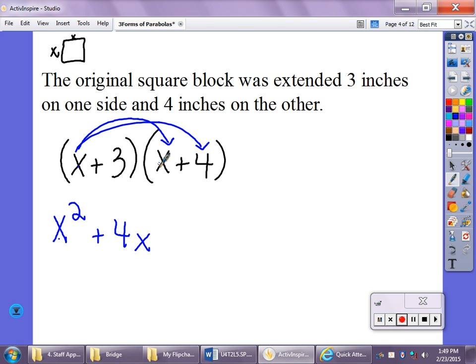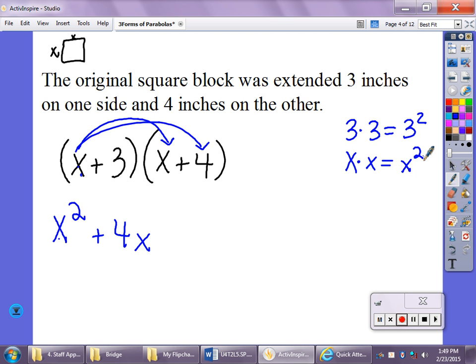Remember, this is x times x. So when we did 3 times 3, that was 3 squared. I know that 3 times 3 is also 9, but when I don't know the value of x, I can only show it this way, that there are 2 x's involved, because I don't know the value of x. So x times x is x squared. Just something to think about.